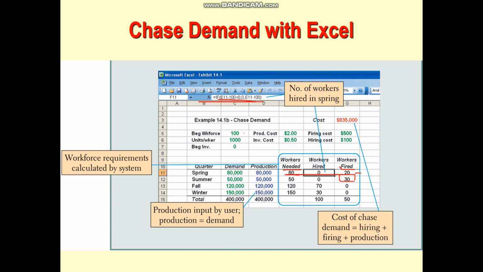We will input if E12 is smaller than E11, comma, E11 minus E12, comma, 0. Okay, so it's the converse of the hire.